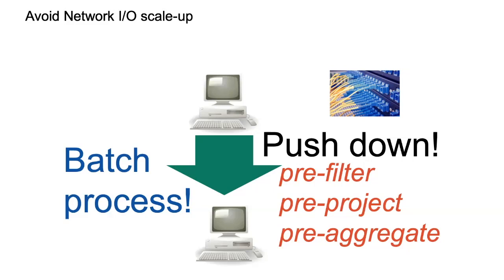For example, you can try to push down a count. It means that instead of transferring all of the data and counting at the destination on the machine that receives the data, you push down the count to the machine that sends over the data, and the machine that sends the data does the count first and only ships the count over the network. That's going to save you network bandwidth.